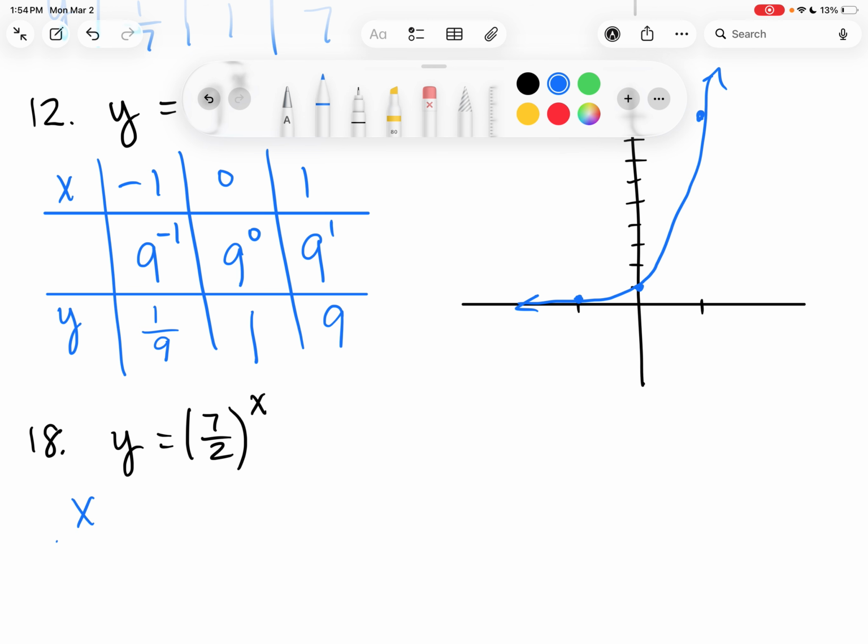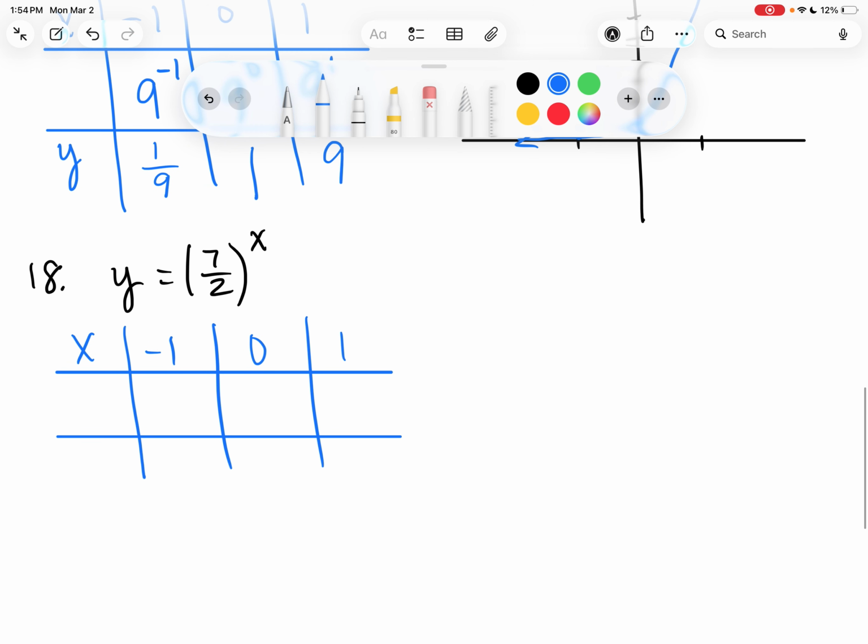All right, XY table. So I'm plugging in these values here for x. So this is 7/2 to the -1. What does that do? It's going to flip it, so it'll be 2/7. It does technically get distributed on both things, but it causes the whole thing to flip.